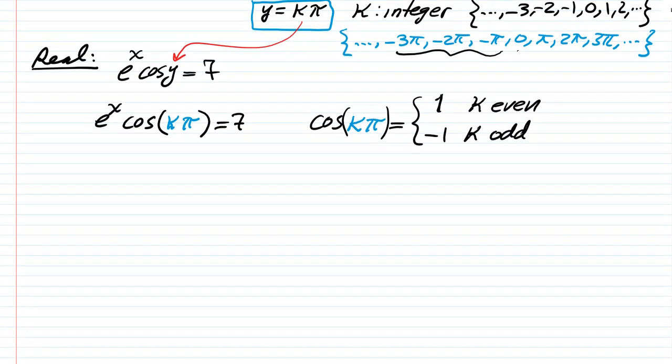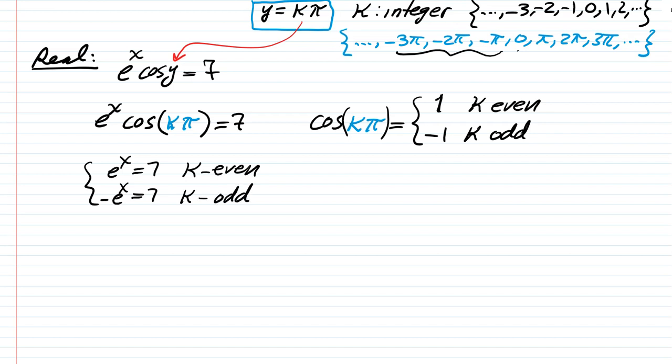In other words, what we're saying is this: on the left side, I can write this equation as e to the x equals 7 or negative e to the x equals 7, right? It's going to be positive e to the x for k even, and it's going to be negative e to the x for k odd. Now let's solve these two equations.